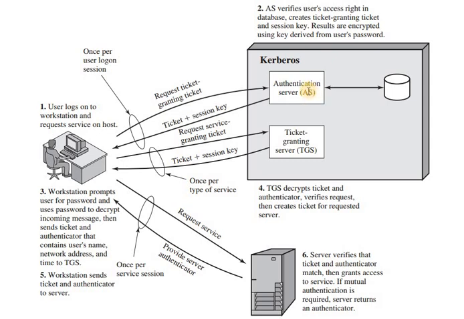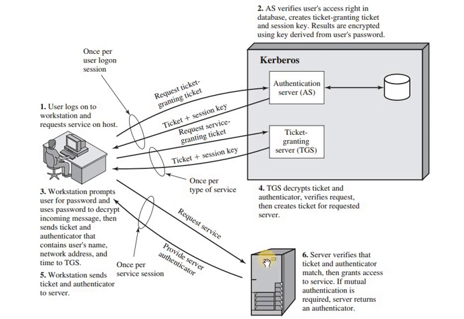The AS sends a session key to the user, and a copy of the same session key is embedded in the ticket that the TGS finds after decrypting it. And the TGS again sends a session key to the client, and a copy of it in the ticket, which will be read by the server.